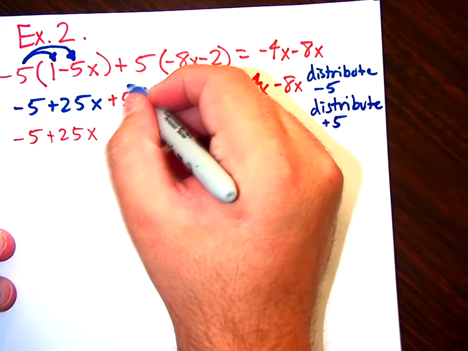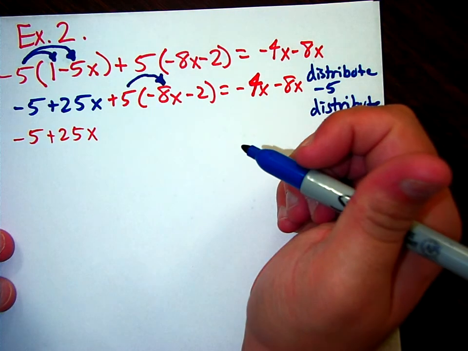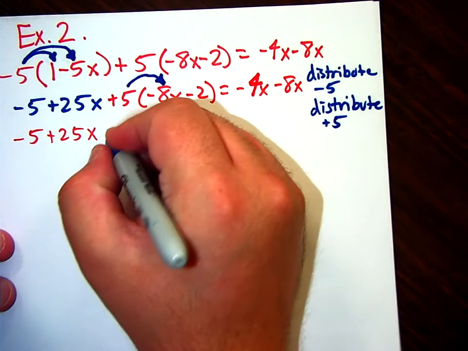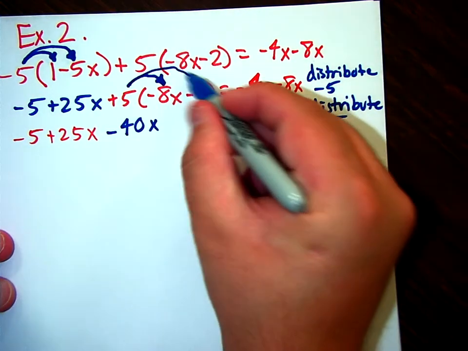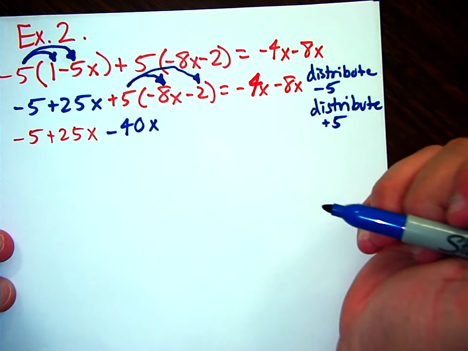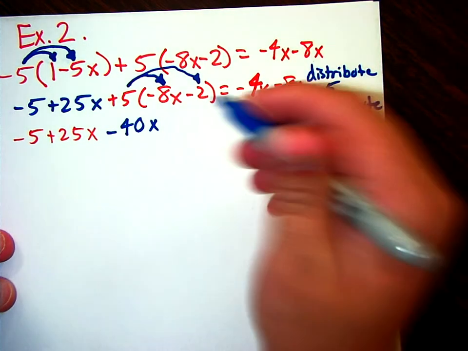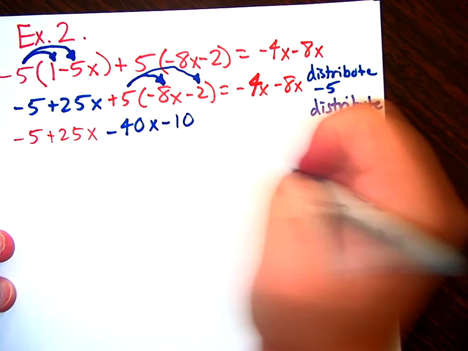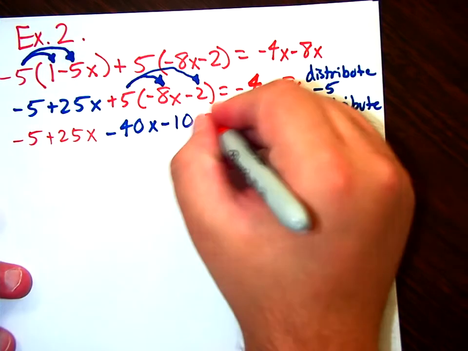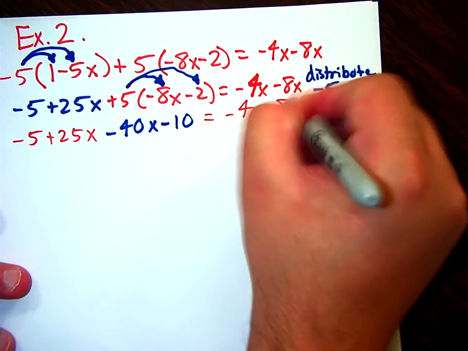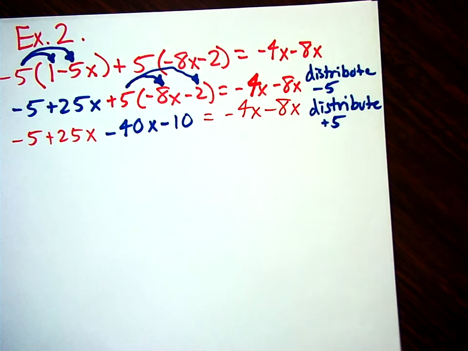So positive 5 times negative 8 is negative 40x. Positive 5 times negative 2. Negative 10. All right. Equals negative 4x minus 8x. Okay, so we are finished getting rid of parentheses.